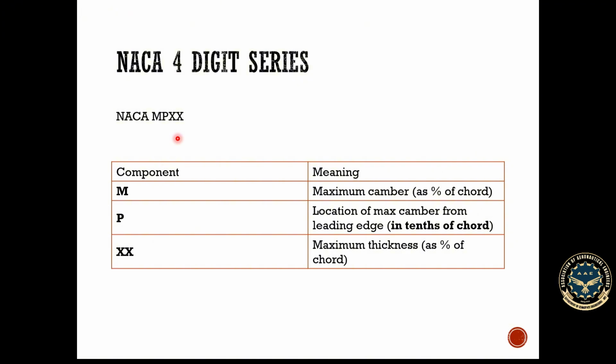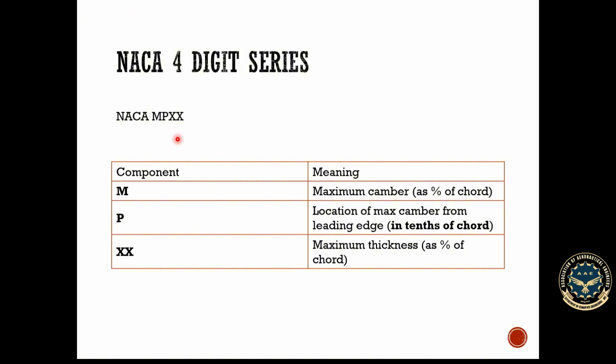First, M is the maximum camber as a percentage of chord. So if it is 3PXX, then 3% of chord will be your maximum camber. Next, P is the location of maximum camber.